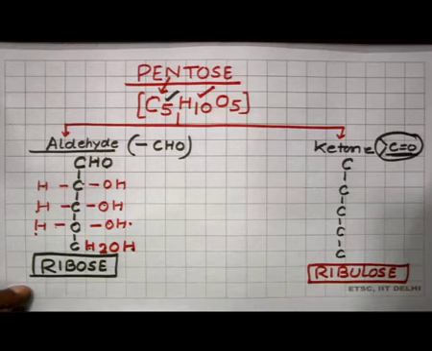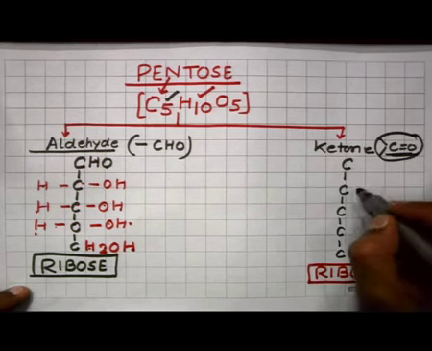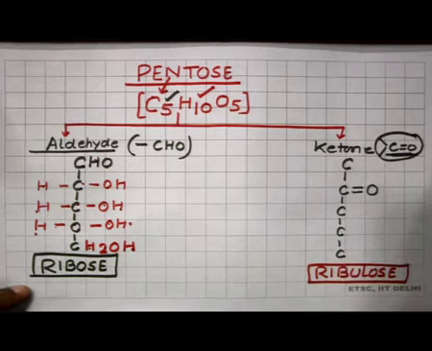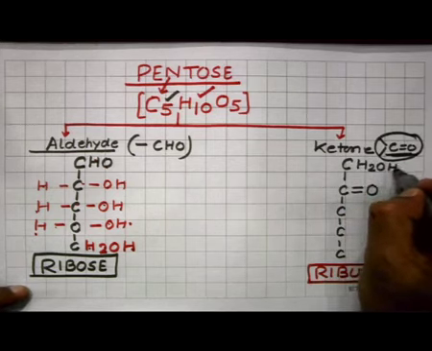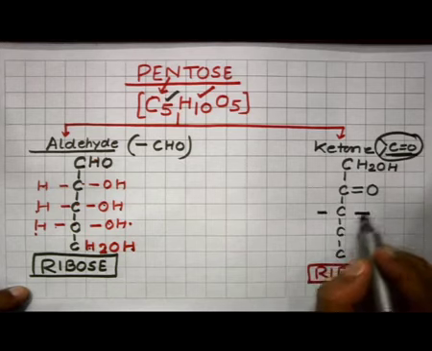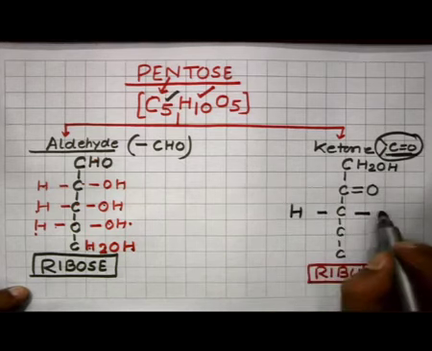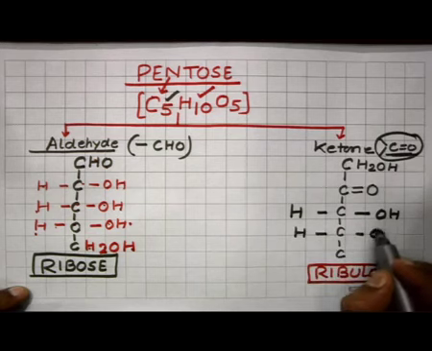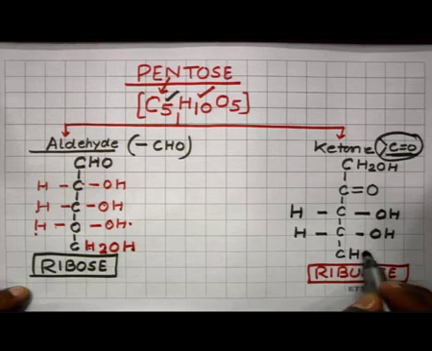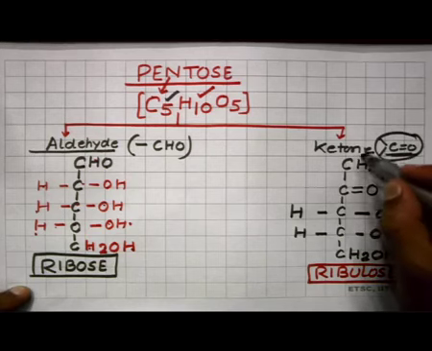The carbonyl group is at the second position, and at the first position we can write CH2OH. The rest is the same as ribose: HOH, HOH, and CH2OH. So, we can easily write the structure of ribulose. Ribulose is a pentose ketone.